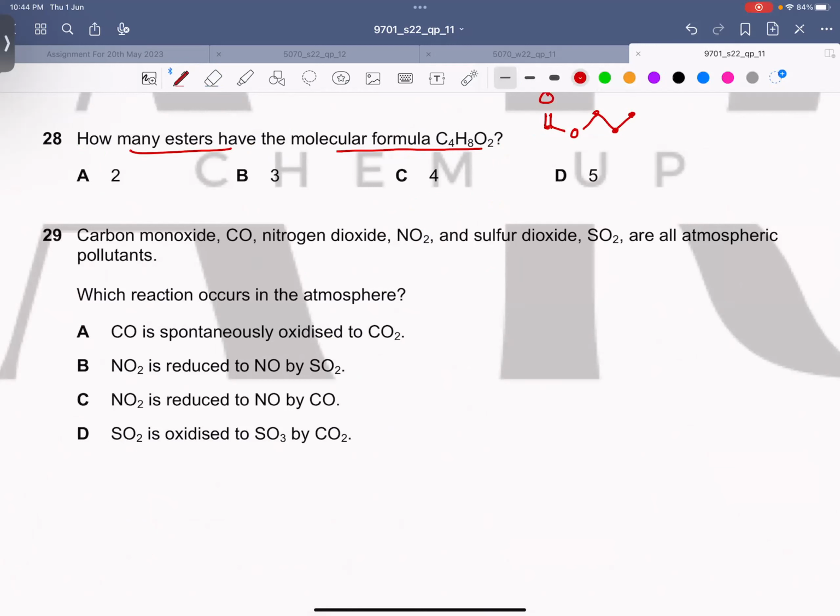There is another possibility that it would become this. Then there is another possibility. It is the same as the previous one. So we got till number 2.